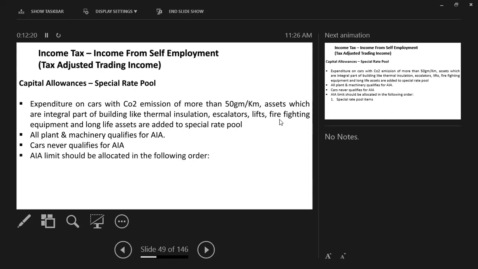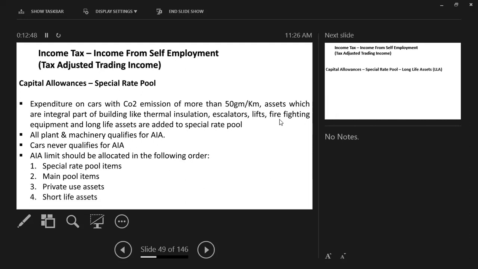So what that order should be, please write. AIA limit should be allocated in the following order. First, against special rate pool. Second, main pool. Third, private use asset. Then fourth, short life asset.